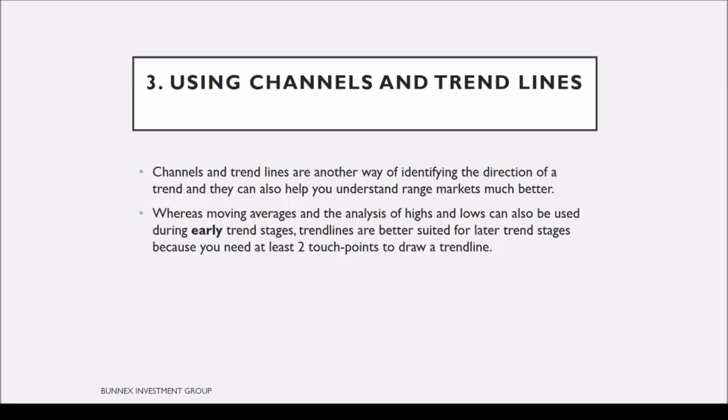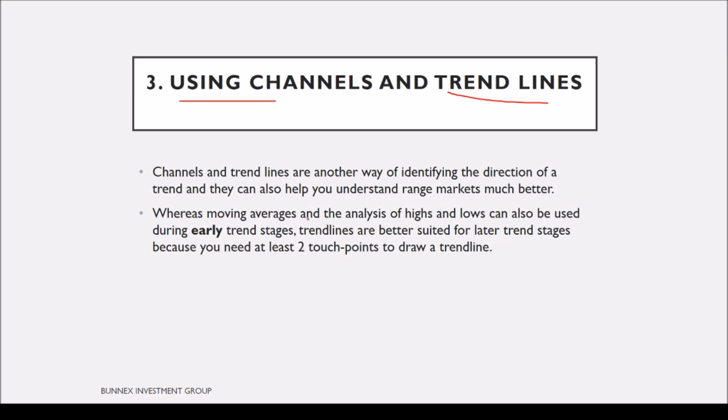The third method of identifying the Forex trend is by using channels and trend lines. Although these are a bit subjective, they are also helpful. Channels and trend lines are another way of identifying the direction of a trend, and they can also help you understand range markets much better.